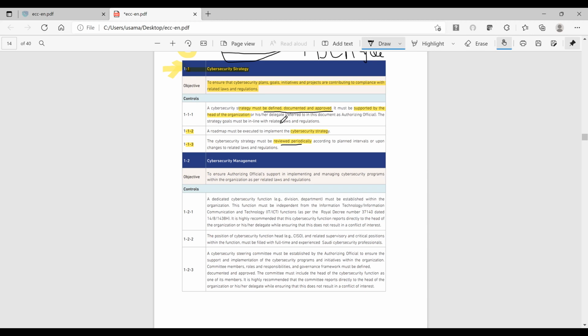For example, suppose that in regulation like NCA, 2 years ago we did not have the NCA regulation. We did not know about it, but now we have the NCA. Then this means that we have to update our policies to be compliant with the NCA, for example. Or when GDPR was announced in 2018, again we have to update.